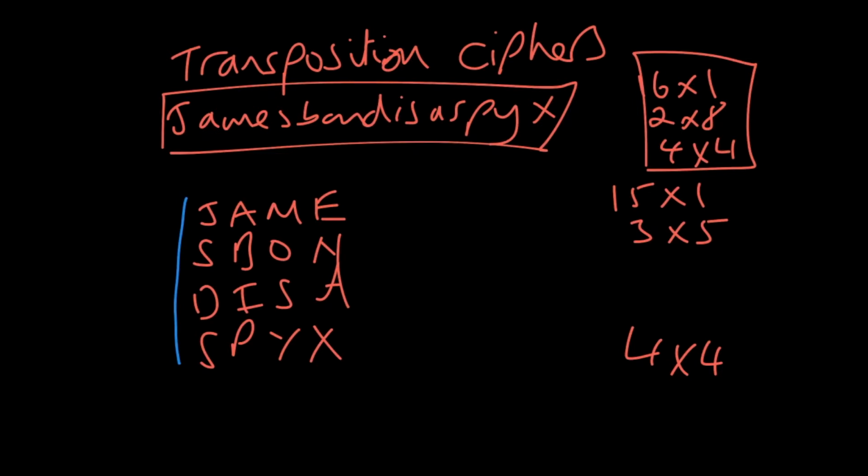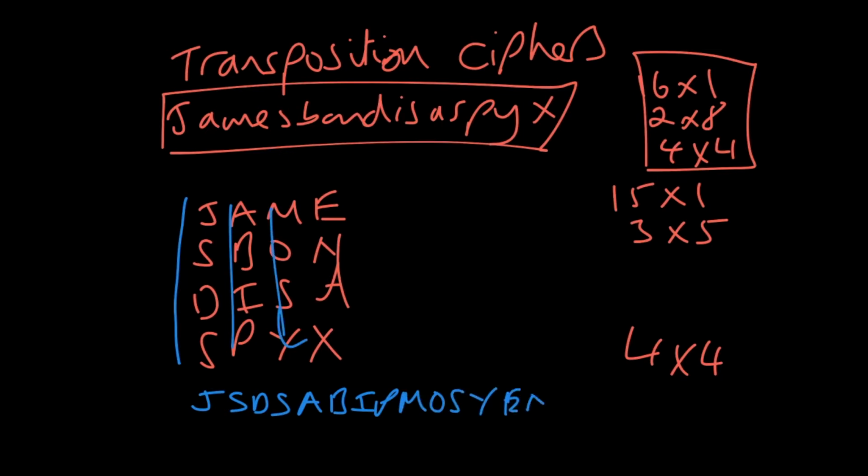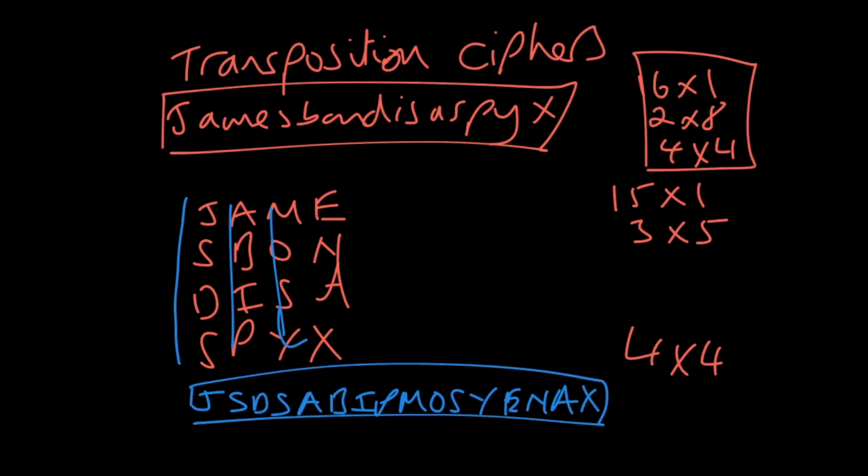My secret coded message is going to be JSDS ABIP, so going down here, MOSYENAX. Now that looks pretty difficult to crack, unless you know that the code here is a 4 by 4 grid.